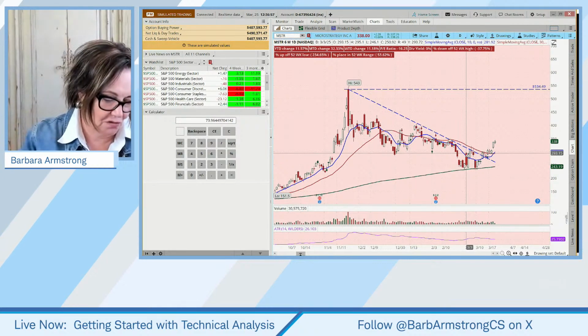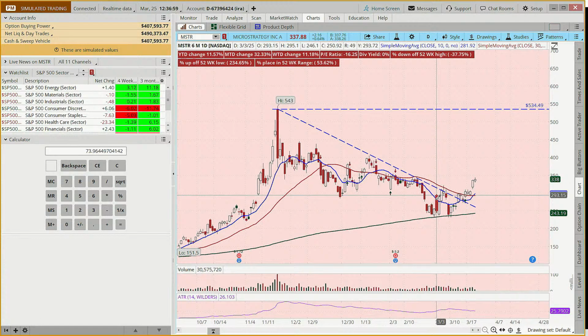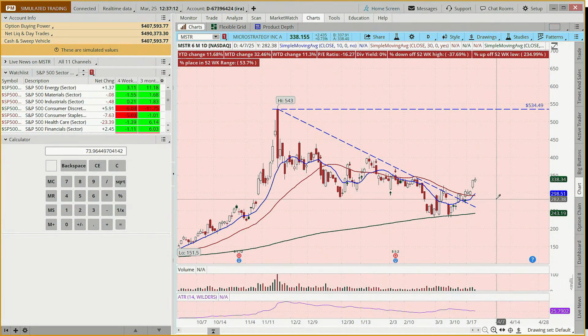So 292 times 0.97 is 283, our stop, and the stock is at 337. What's the advantage of having a stop that's below that 30-day moving average?